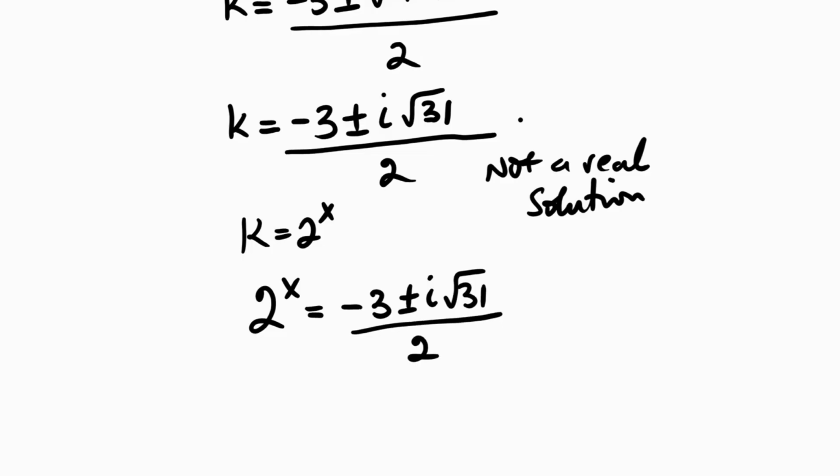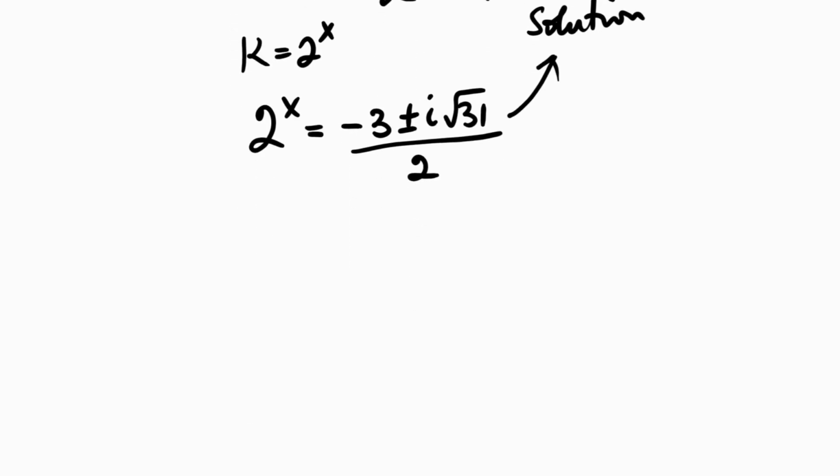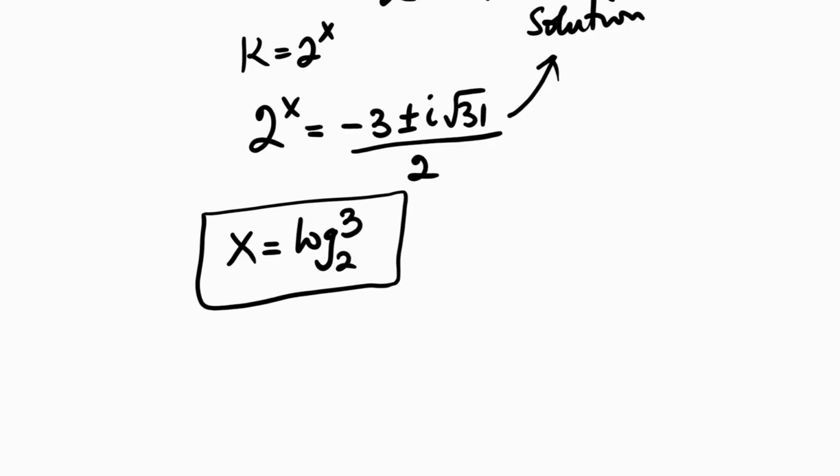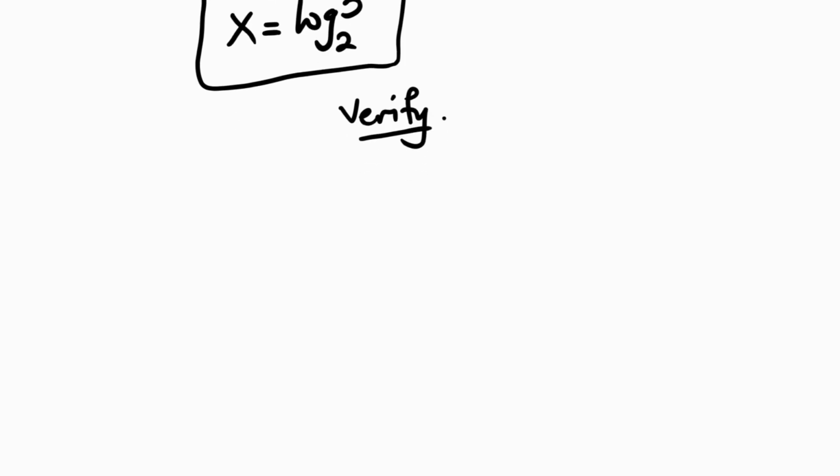Okay, so this is not a real solution. So where we have the real solution is where we have our x to be equal to log of 3 base 2. Now let us verify that this value of x is the real solution.